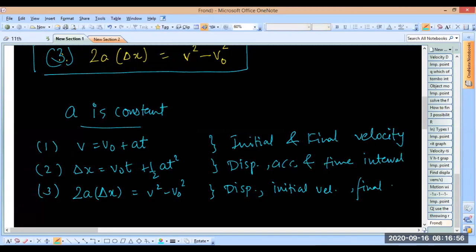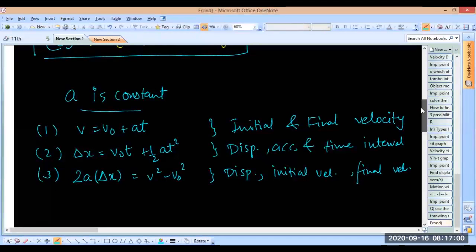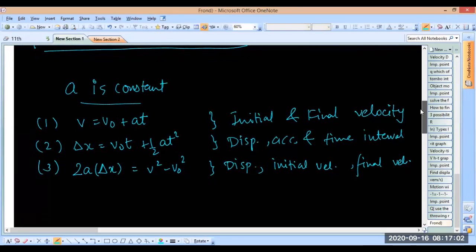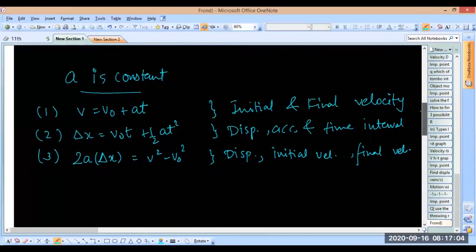So these are three different equations which are suitable in different cases. What I mean to say is, if you have no idea about the time interval, then equation 3 is suitable because here you don't see any t. So you have to choose wisely.